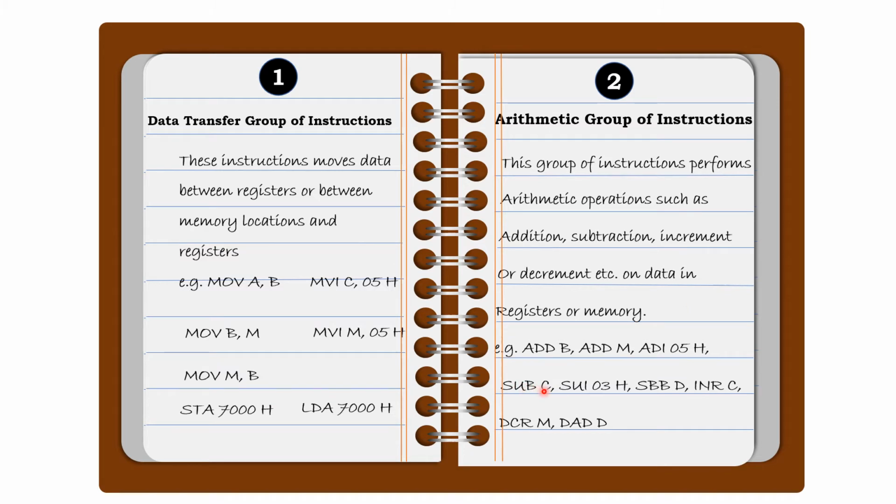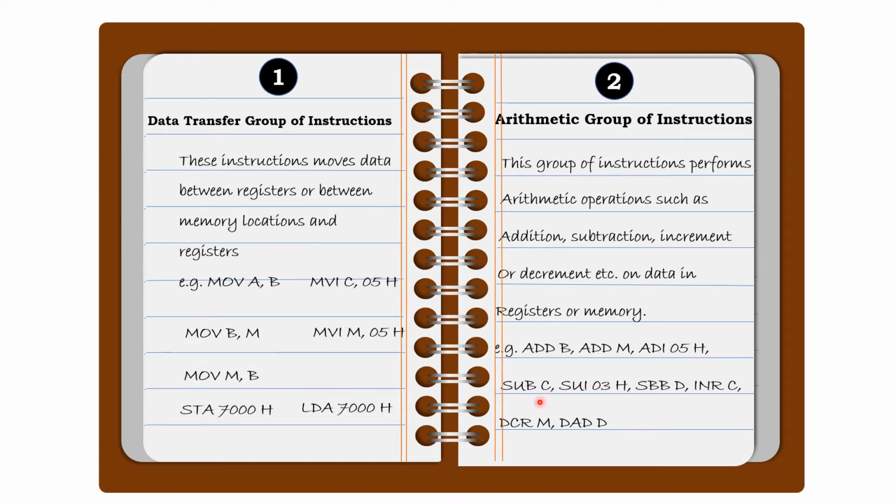Now here they have given SUB C. Like addition, subtraction group of instructions is also used. SUB C means the content of register C is subtracted from the accumulator and the result is again placed back to the accumulator.